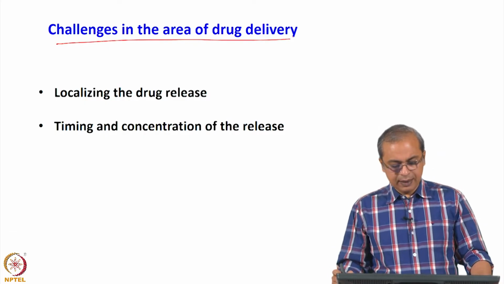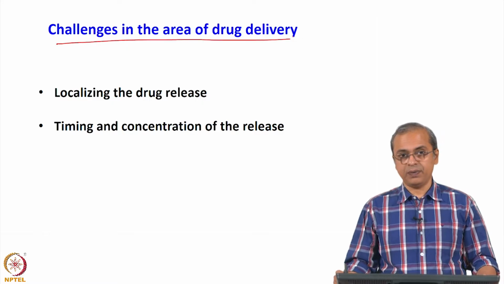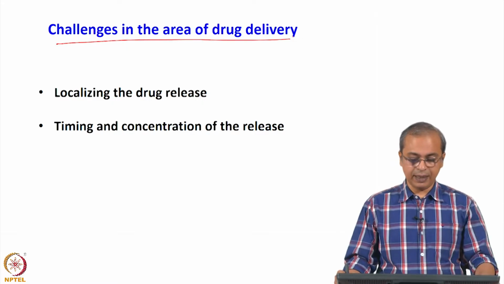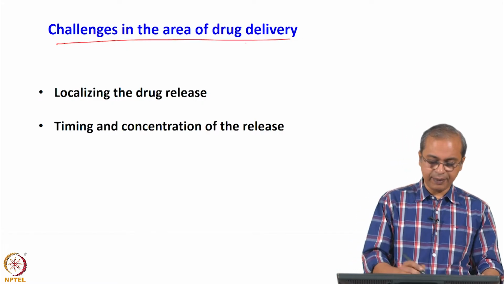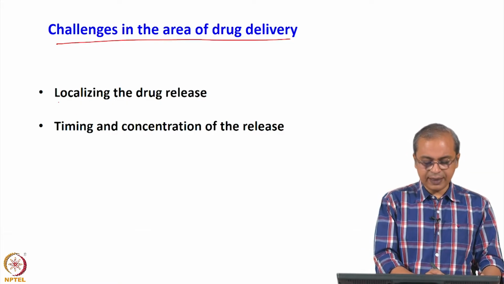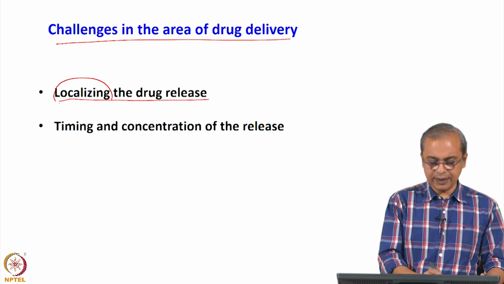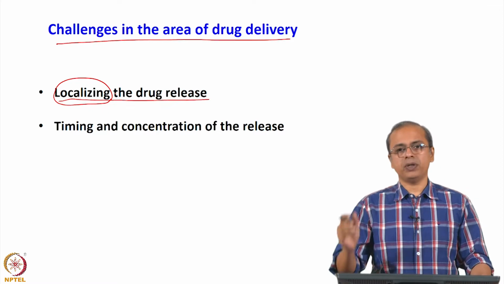So, one major issue that is encountered in this area of drug delivery or medicine delivery in the human body is the issue of localizing the drug release. Okay, so localizing the drug release. This is actually a very important issue.